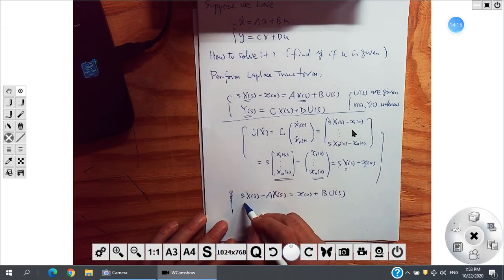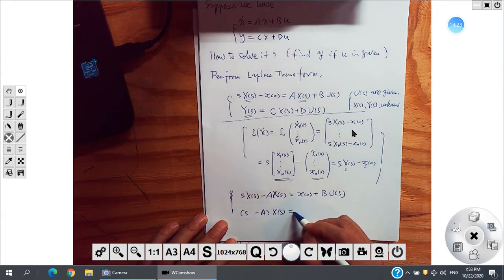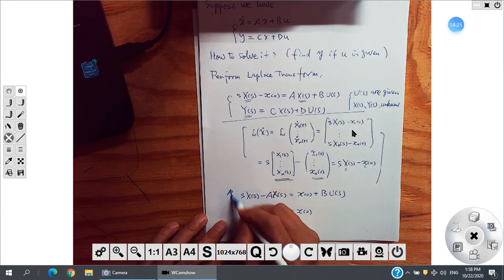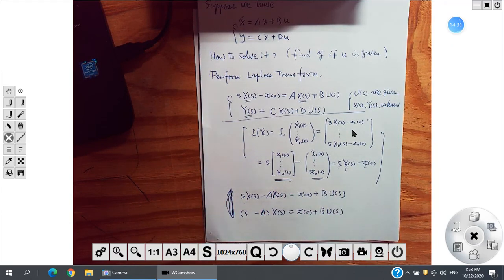So this first part, I can write as (s minus A) times X(s) equal to x(0) plus B U(s). Am I good? Not exactly.